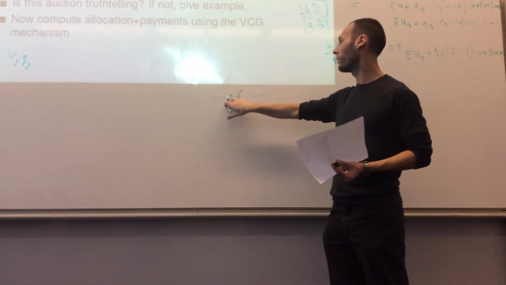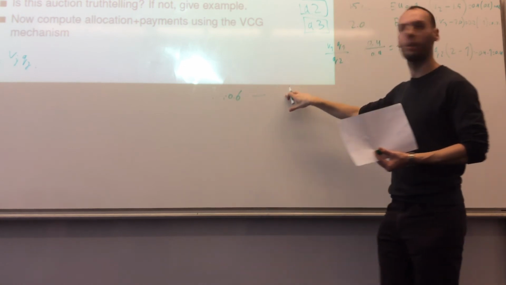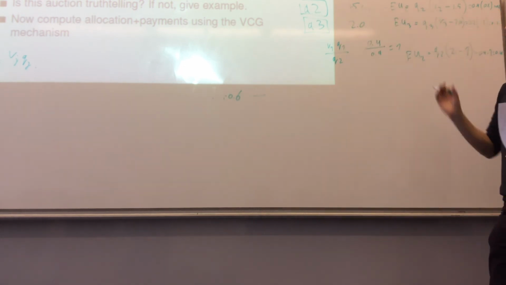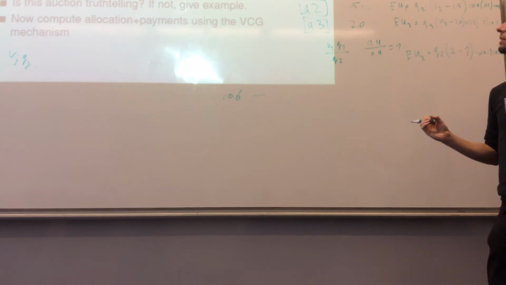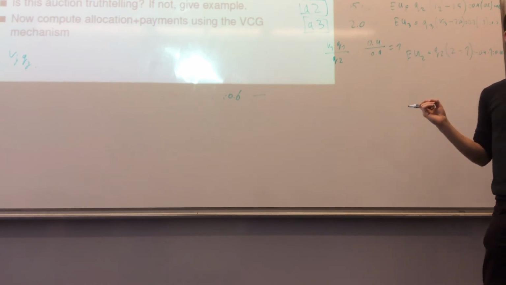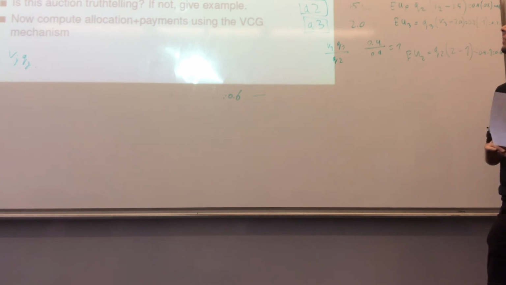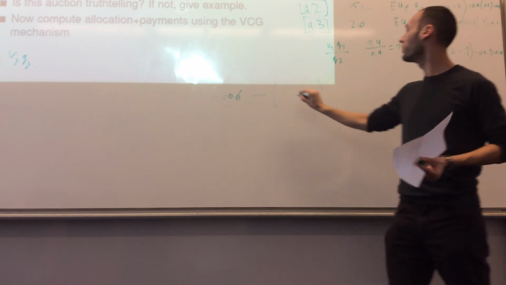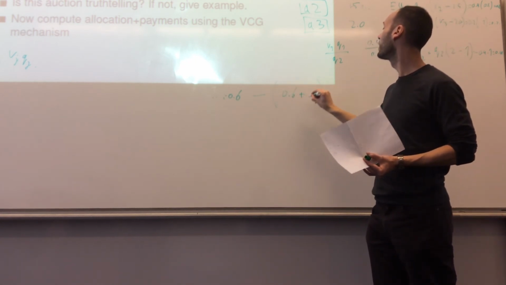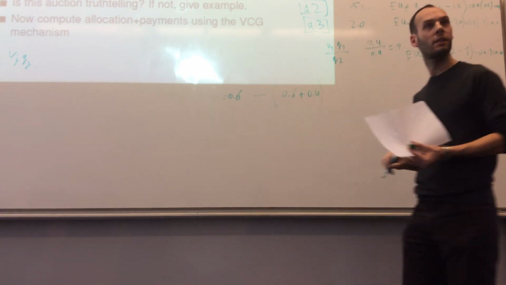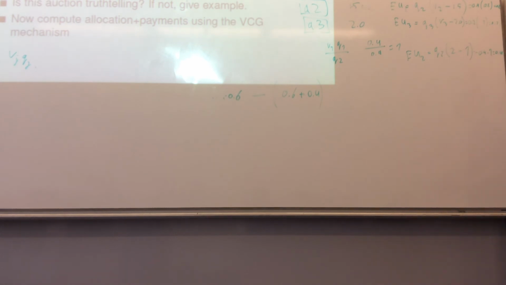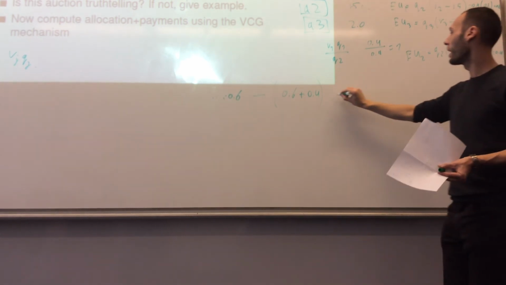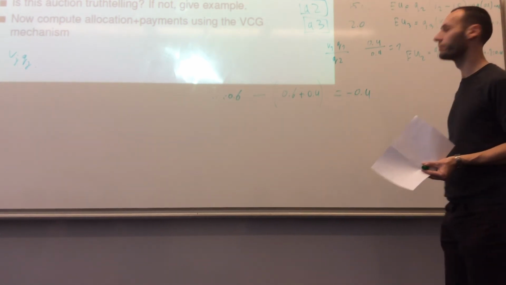So this is the social welfare of everyone else, and then we recalculate the optimal allocation when agent 2 is excluded from the market. In that case, agent 3 and agent 1 get allocated a slot, right? So the social welfare if we exclude agent 2 from the market is going to be 0.6 plus 0.4. And we have minus 0.4.